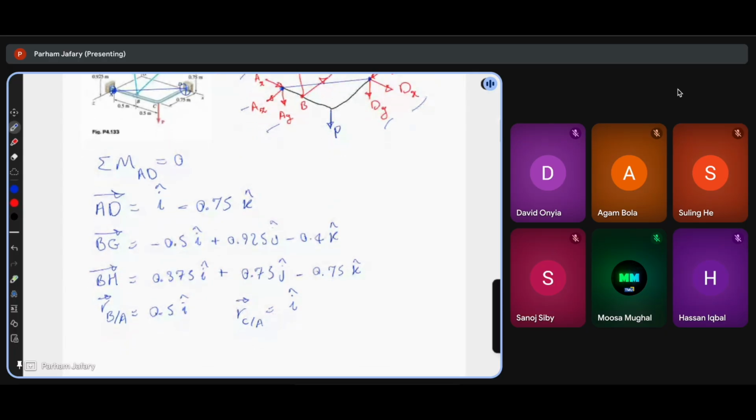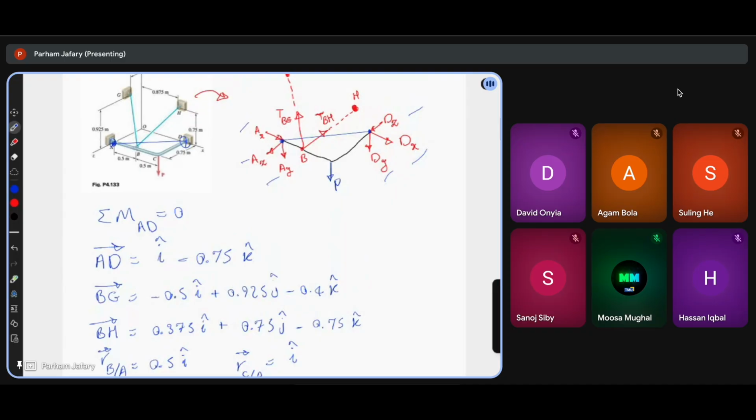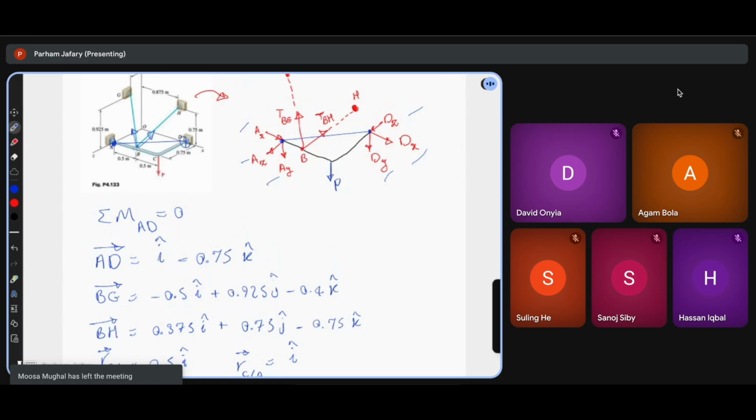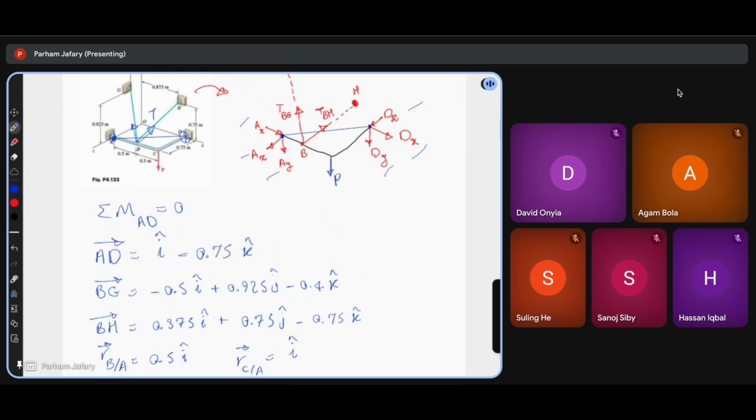Next, I need to find the tension vectors for these components, TBH and TBG. Since it's a cable, the tension magnitude in the cable is equal. So we have 1T here. So the tension magnitude is equal, but because they have two different orientations, the vector will be different for each of them.